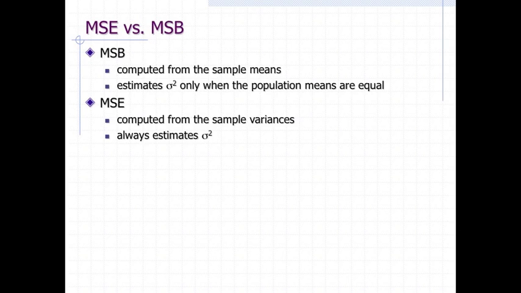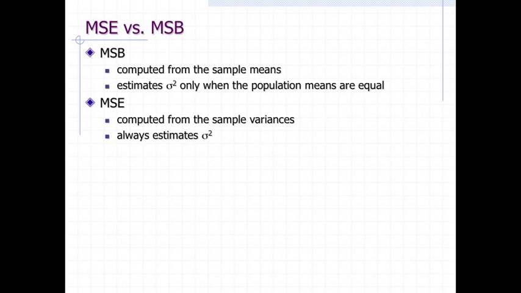If the population means are not equal, then MSE will still estimate the population variance because differences in population means do not affect variances within the groups. However, differences in population means affect the MSB since differences among population means will tend to produce differences among sample means.